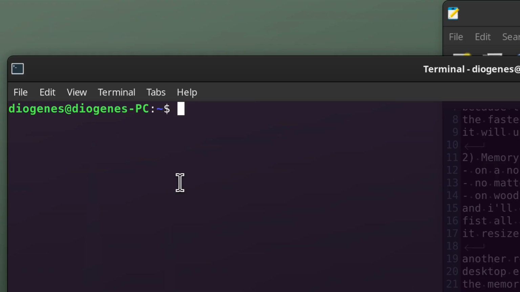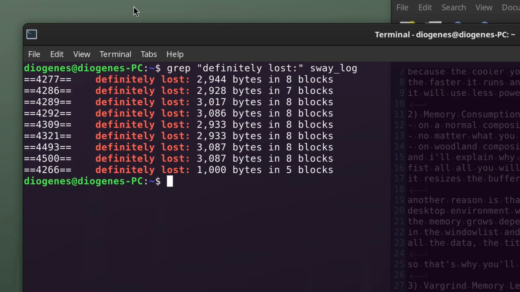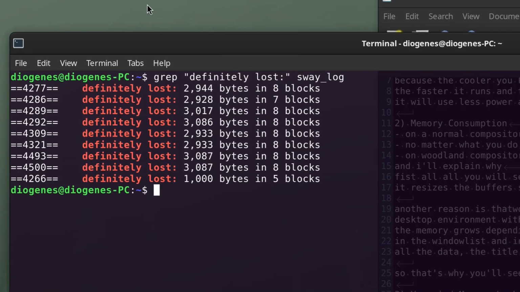So let's do it like this. We will look for "definitely lost" first in the Sway log, like this. grep definitely lost sway log. As we can see, there are a few of them.